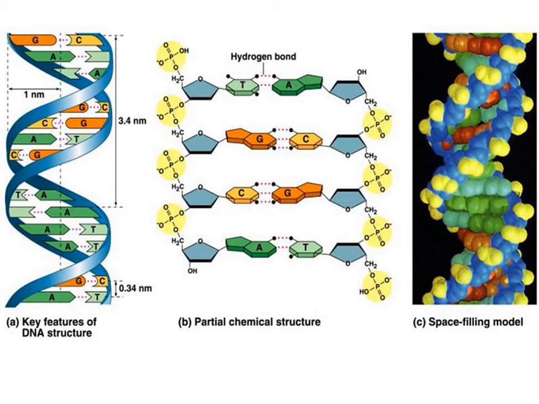Each polynucleotide is made up of many nucleotides, and these polynucleotides are linked to each other with these phosphodiester bonds here.